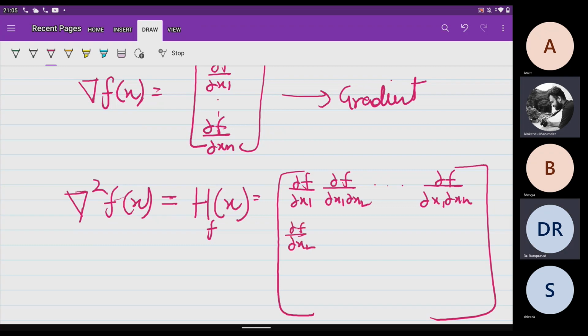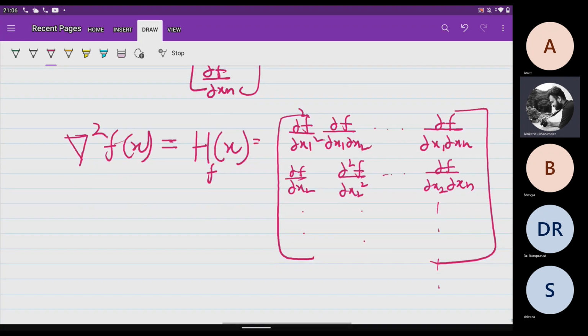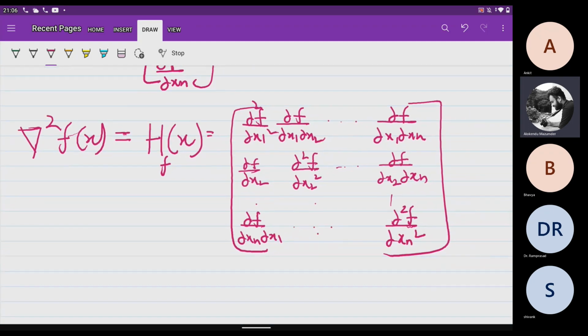The first entry should be del square f by del x1 square, and so on. So the Hessian is basically this matrix.